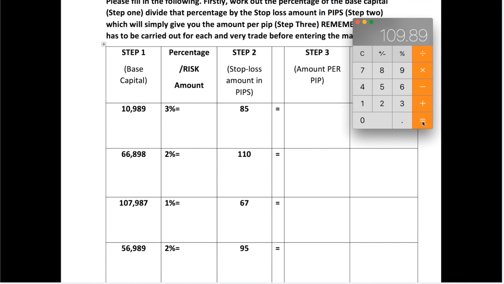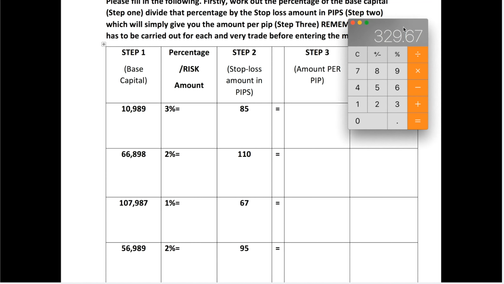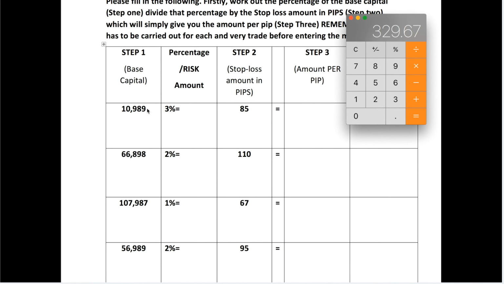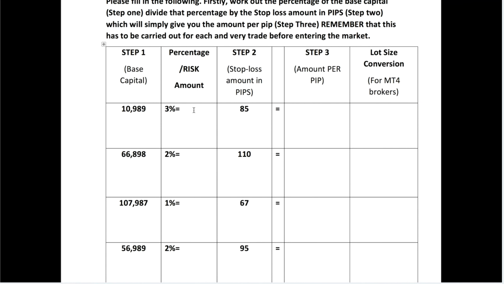We want 3%, so we times it by 3, equals £329.67, or dollars, whatever it may be, Canadian dollars, yen. It's not really relevant. So 3% of 10,989 is £329.67. To make things easy on yourself, round it up to the nearest 10. So in this case, I'm going to say 330. Cool.